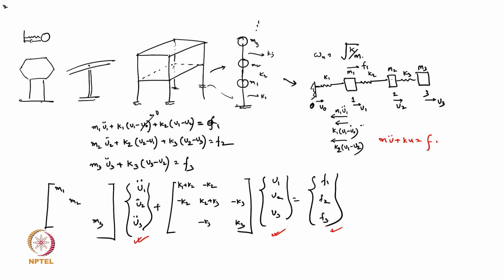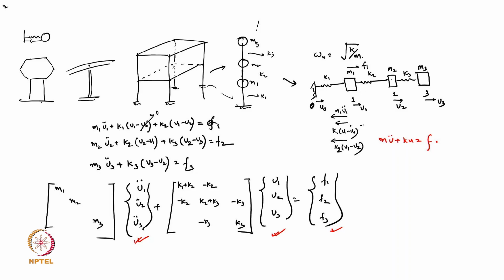It can come through the stiffness, but not through the mass, the inertia term. Got that point? So this way, the mass matrix is diagonal. It means if you give a force on a particular mass, only that mass will accelerate, not the other masses.